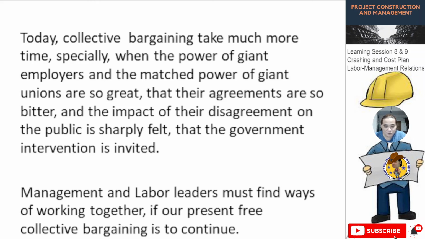There are situations where the government intervenes and talks to the two sides on what methods or solutions can solve that kind of problem if they have a disagreement between the two parties, the management and the labor unions.